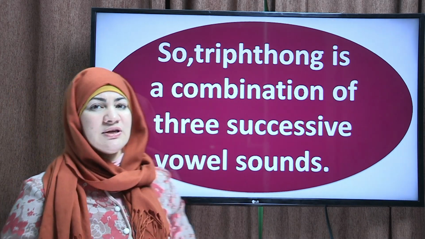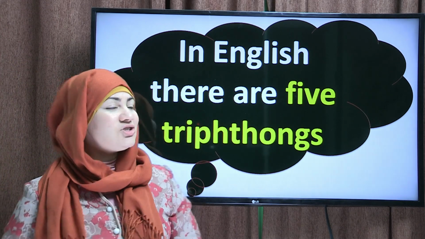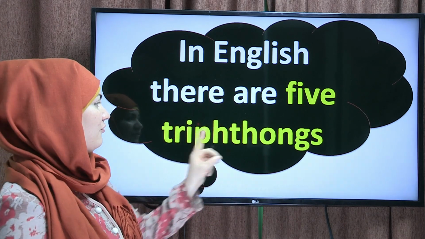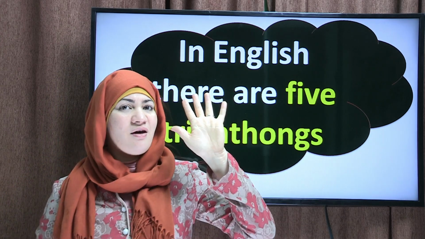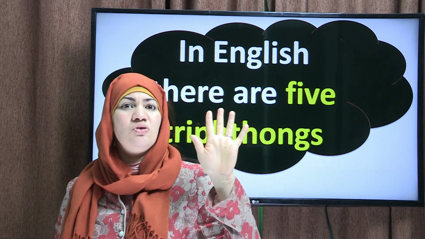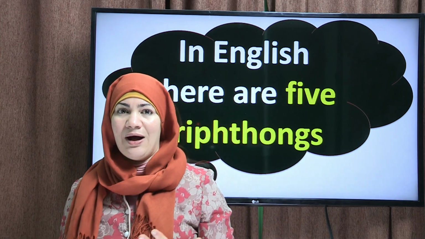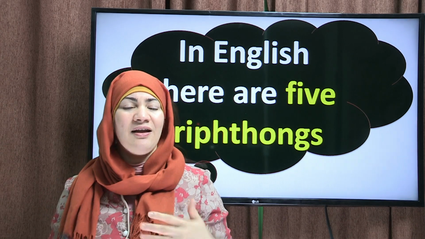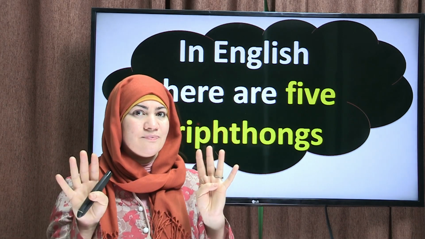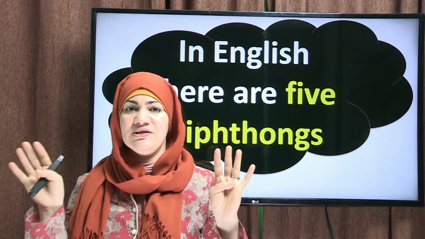After this brief explanation, let's see what these triphthongs are. In English, there are 5 triphthongs. It's not the same as diphthongs: in English, there are 8 diphthongs, like we saw in the first unit.